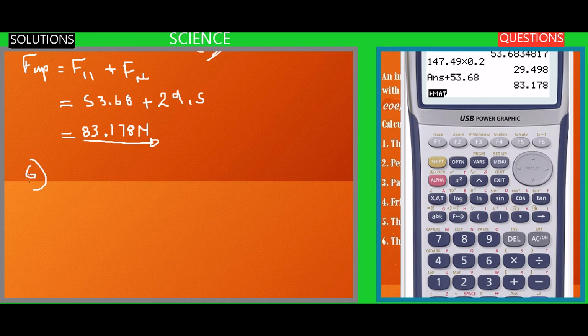As you can see, the force going upward is 8.98. So let's check the next question.